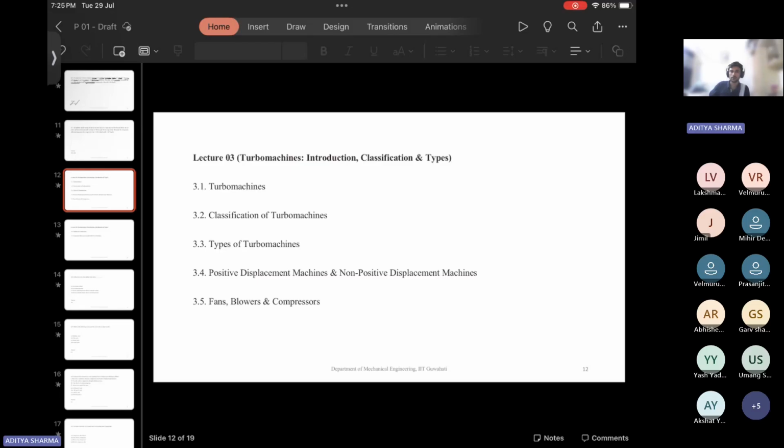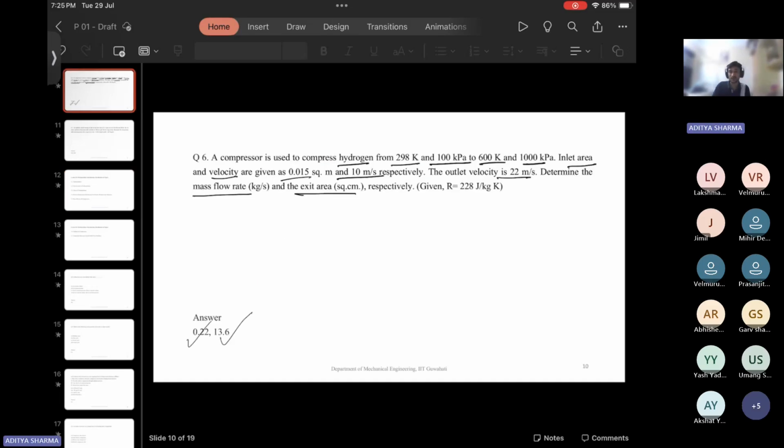What is SS? It's a screenshot, maybe. Okay. Yes, screenshot you can take.